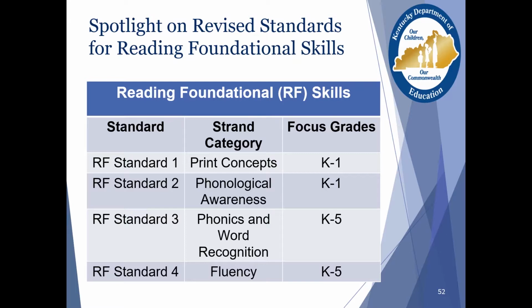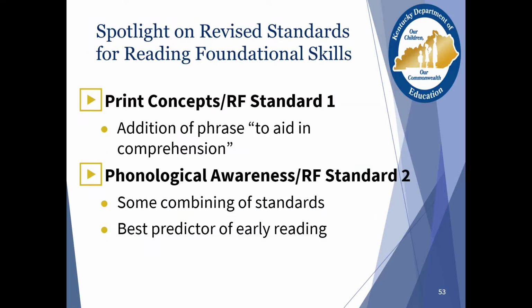So as a grade level, you will look at these standards individually, but you must look at them through the progression, K-5, so that everyone has that understanding of the progression of these foundational skills in order to meet the needs of all your learners.